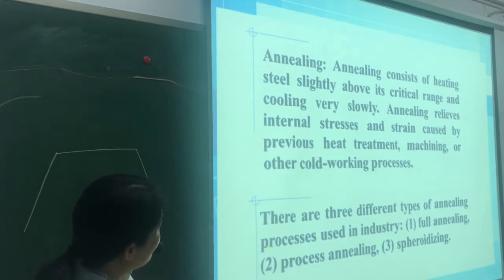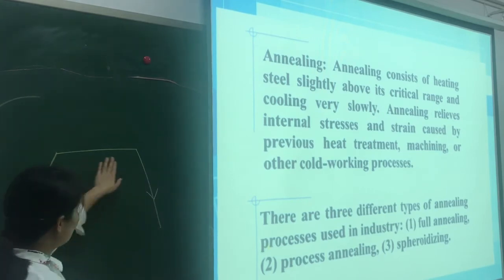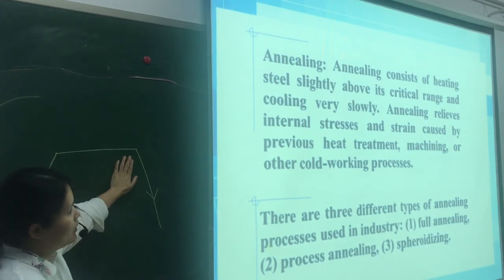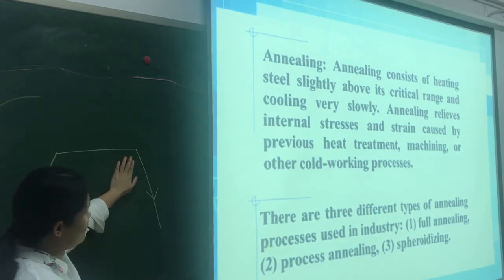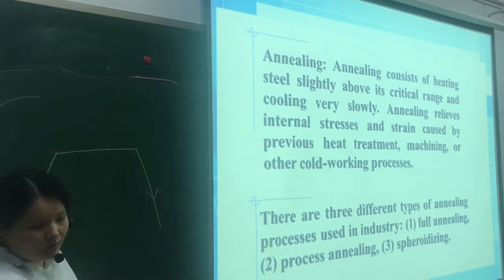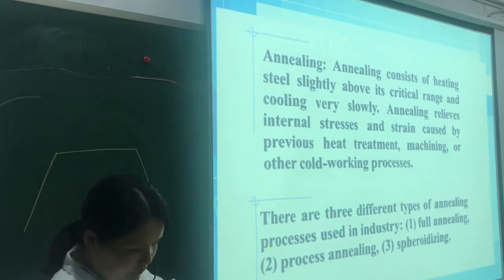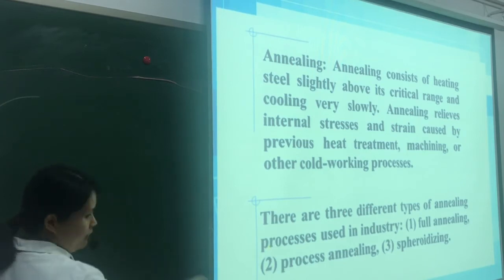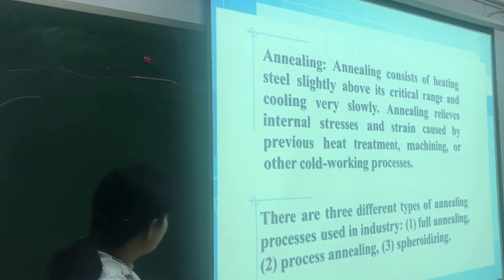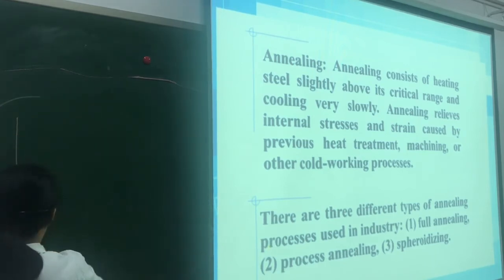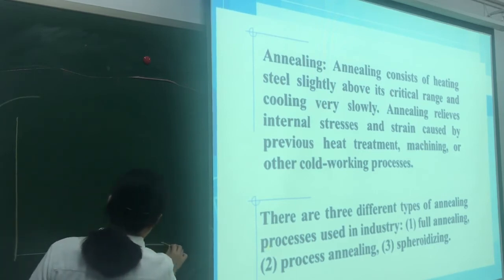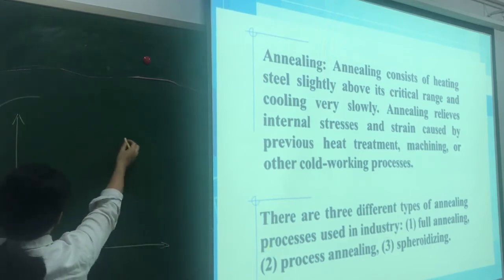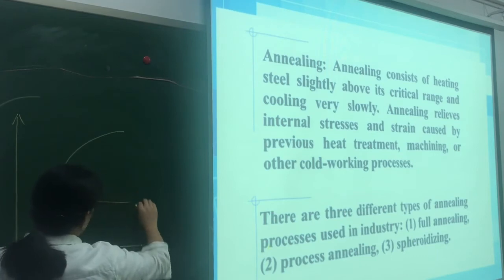Annealing is heating a steel, holding for a time, and then cooling it very, very slowly. There is a C curve.